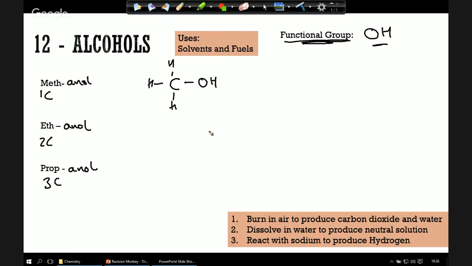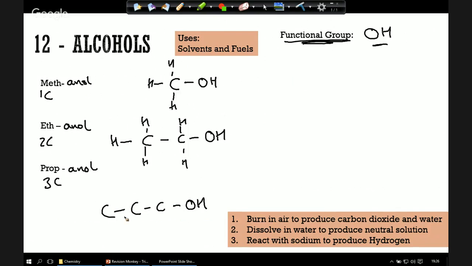Again, for ethanol, start with a functional group, add your carbons on, so we've got 2 for ethanol, and then fill it up with hydrogens, making sure we've got 4 bonds for every carbon. And finally, propanol, start with functional group, add your carbons on, 1, 2, 3, and then do it that way, filling up with the hydrogens.